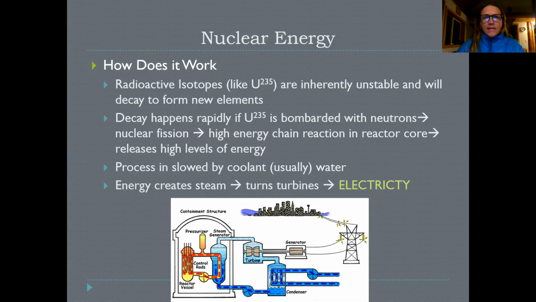Well, the idea is that we have certain kinds of isotopes, which we've mentioned earlier on in the class, right? These are versions of a particular atom of an element that have typically extra neutrons in their nucleus that make them a little bit heavier than average, or at least different weight than average.